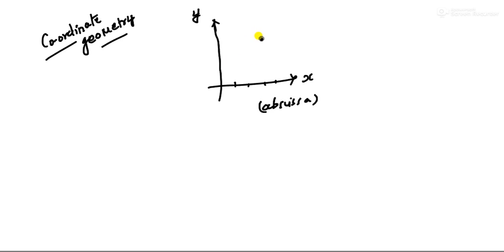If I locate a point over here, 1 2 3, 1 2 3 4, something like this, the point is written as 3 comma 4. We should always write x first and y next. And this point is called the origin.